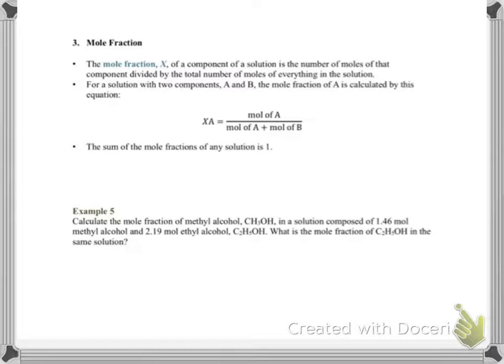The mole fraction. The mole fraction is basically the number of moles of a particular component divided by the total number of moles. For example, let's say you have a solution made up of A and B, and if you want to find out the mole fraction, this is the way we show mole fraction.